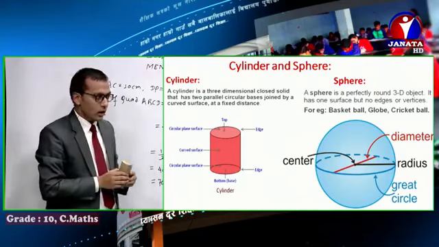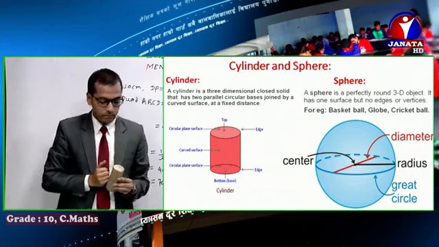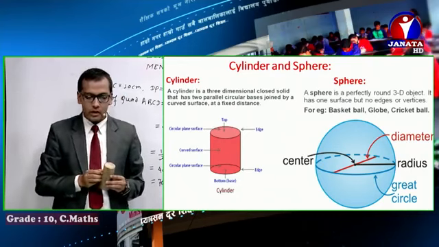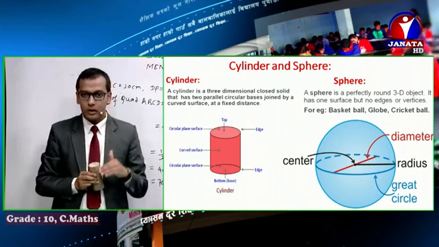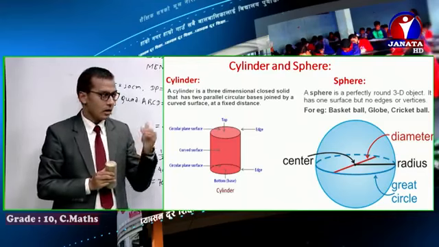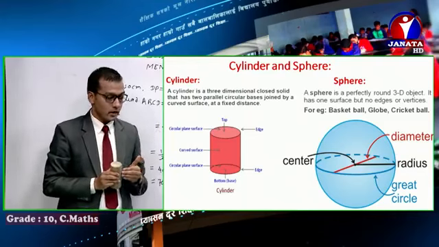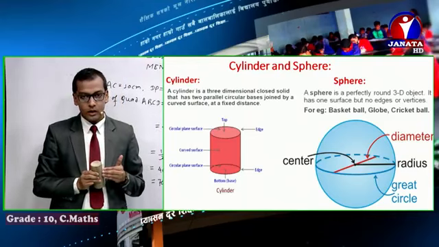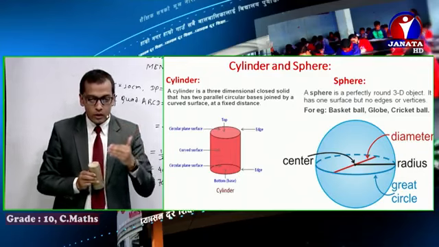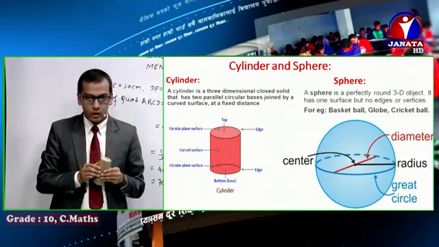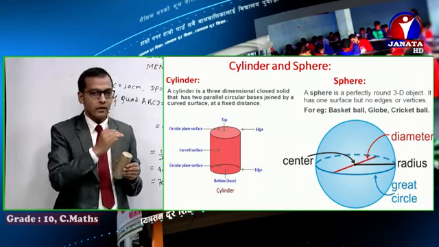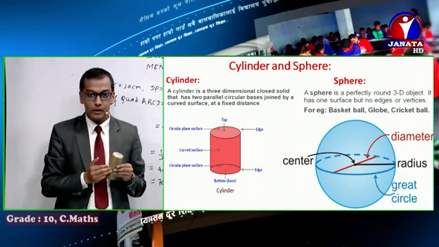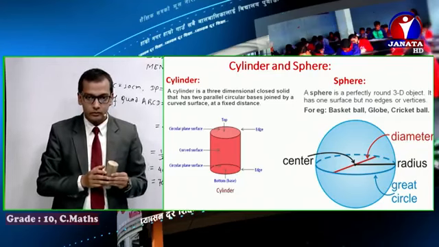Now, if we see on the slide, top is a circular plane surface, bottom is a circular plane surface, but the side is a curved surface. Now we are going to learn the formula to find the area of different surfaces and to find the volume of this solid.